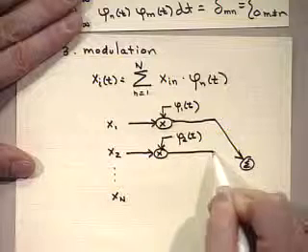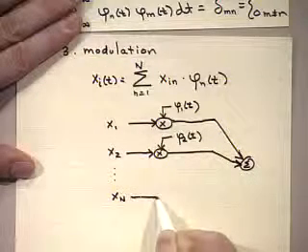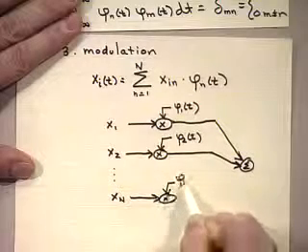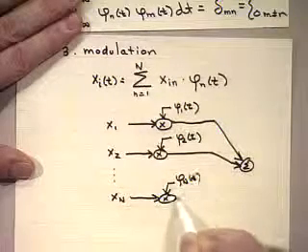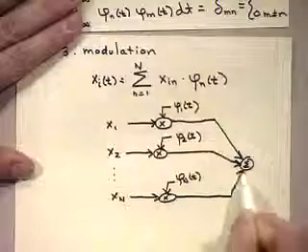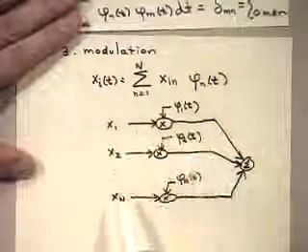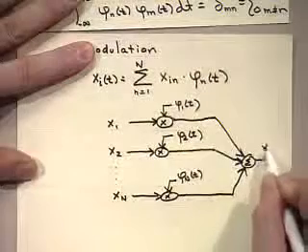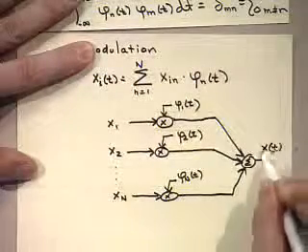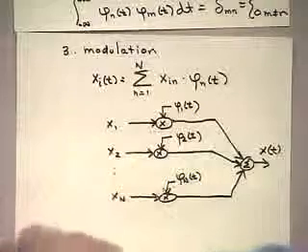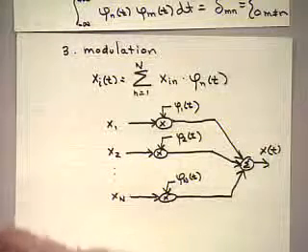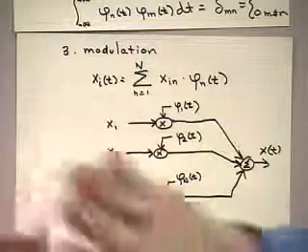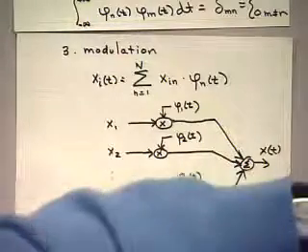And what I will do is then, over all capital N dimensions of the modulator, I'll sum these weighted basis functions together, and I will produce the analog waveform that goes through the channel. And so that's modulation. That's construction of an analog waveform to try to get it to pass through some particular channel.